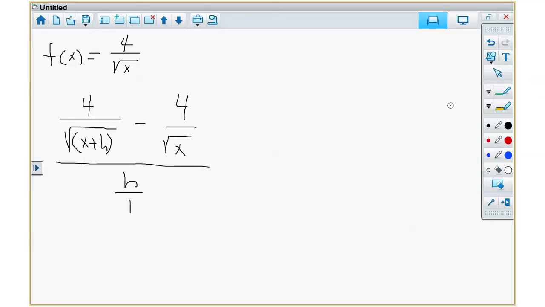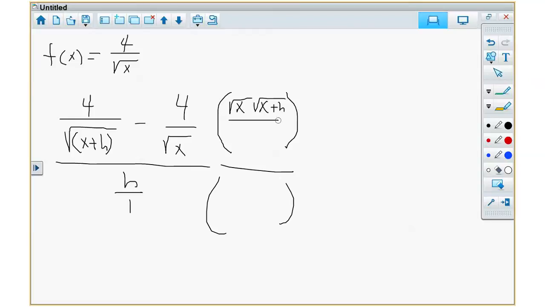And now we've got our common denominator. So I'm going to take my handy dandy parentheses here over parentheses here, and I'm going to put the square root of x times the square root of x plus h over 1, square root of x, square root of x plus h over 1.